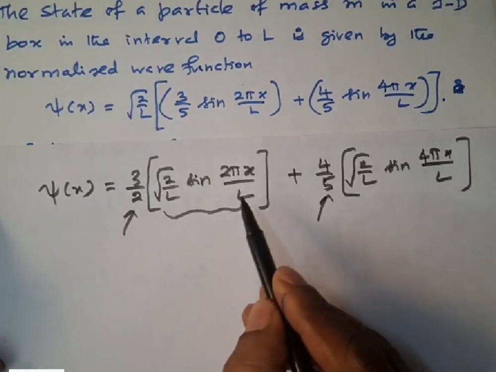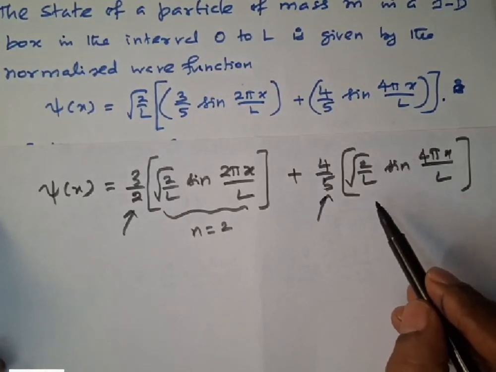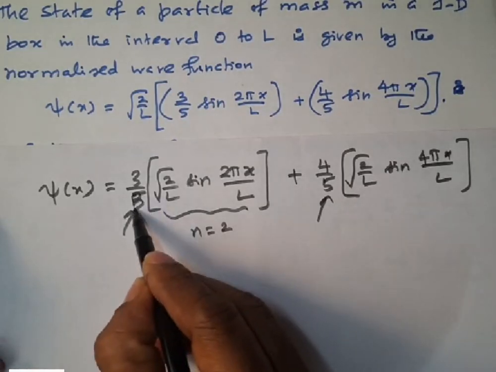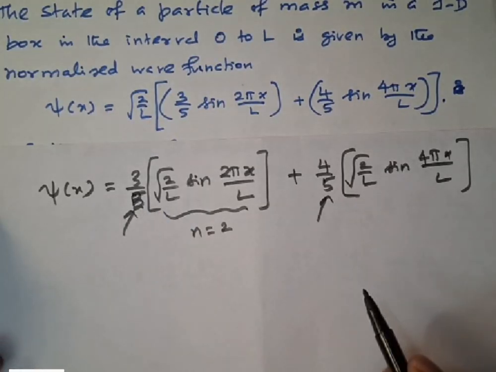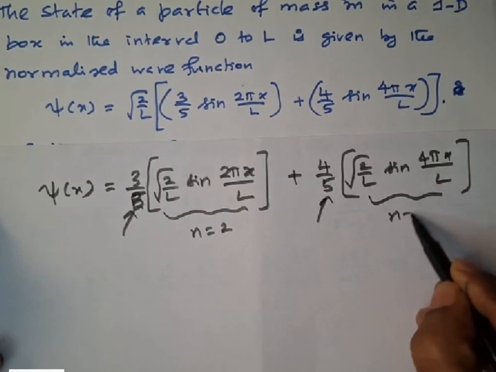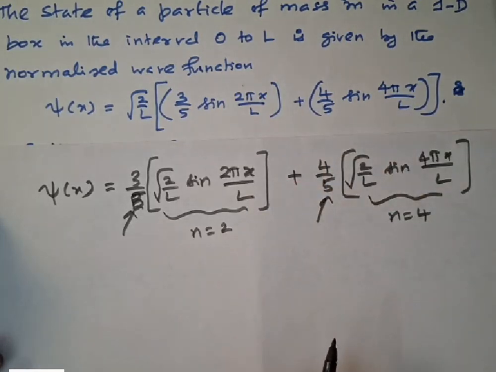For this function, the n value is 2. Sorry, 3 by 5, not 3 by 2. Good, 3 by 5 and this 4 by 5. So for this function, the n value is 4. If n is equal to 2, what will be the energy outcome for a particle in a 1D box?